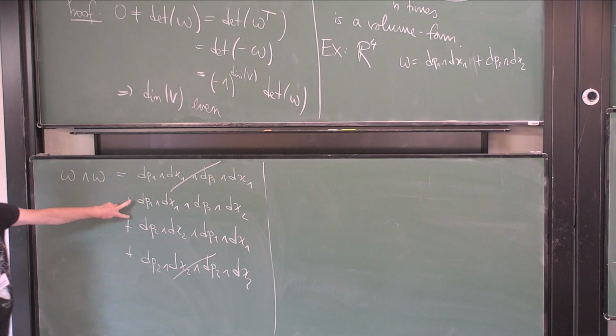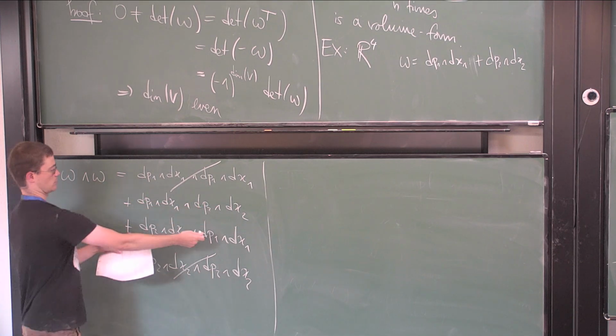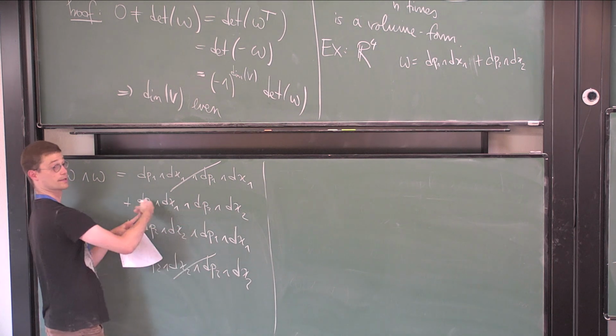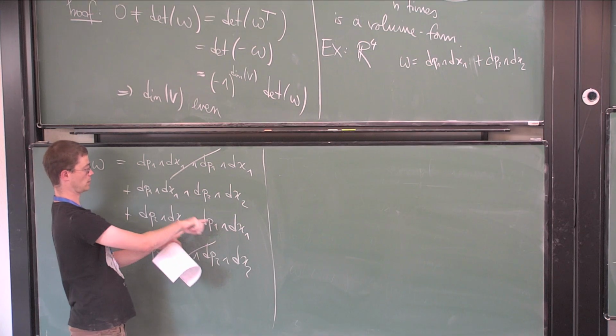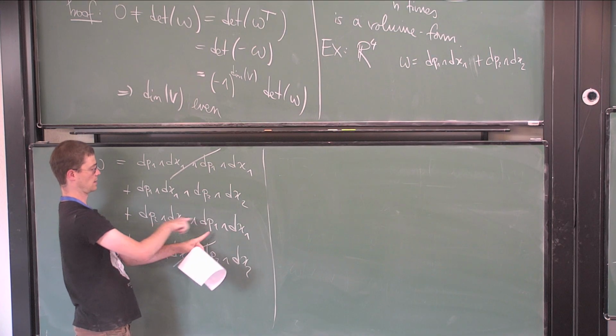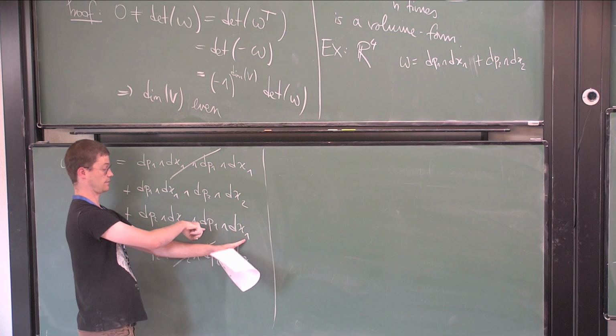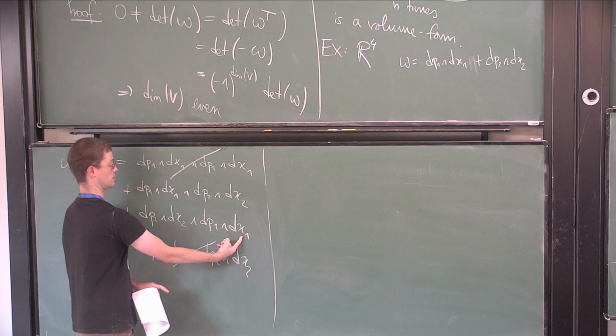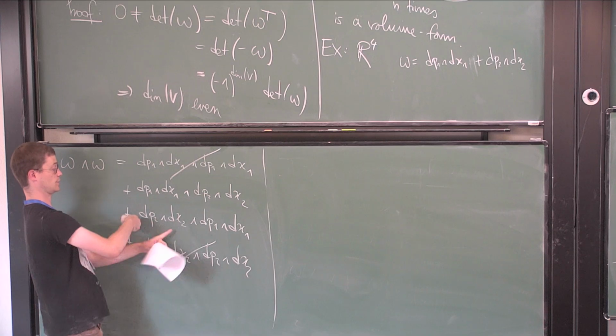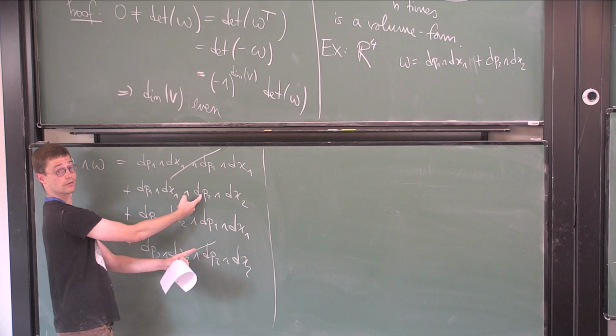And what do we do with these two? Well, you can shuffle things in order to get the same object. For example, if I exchange x2 with p1, I get a minus sign. I can exchange again, I get another minus sign, so I have a plus sign. So I put x2 to the end, and then I can take my p2 and exchange it again and again to put it at this place.